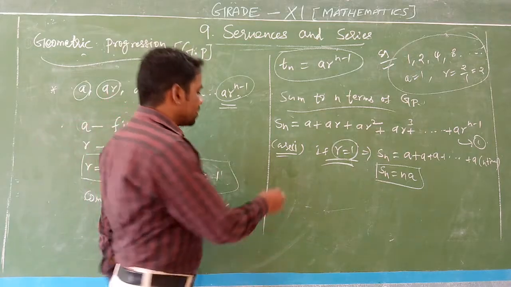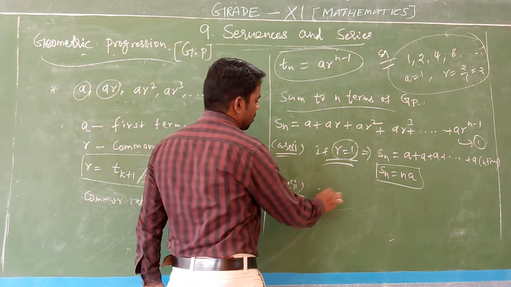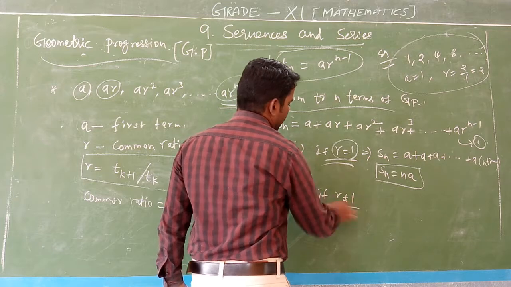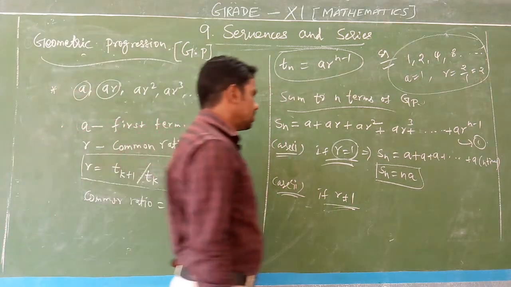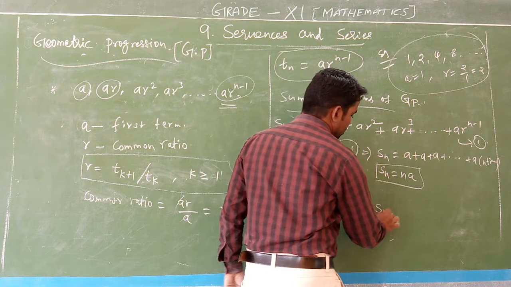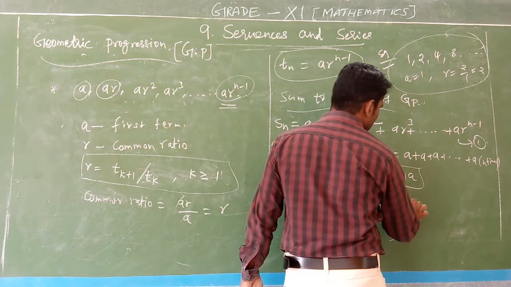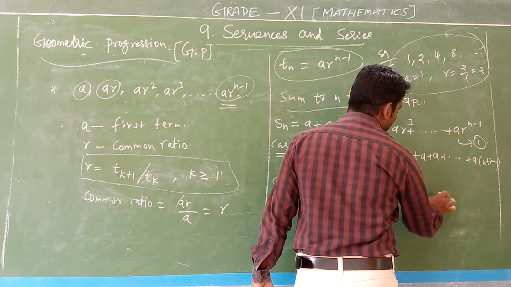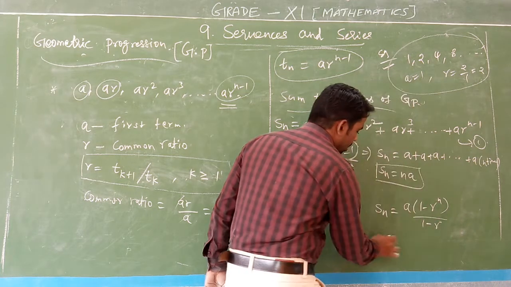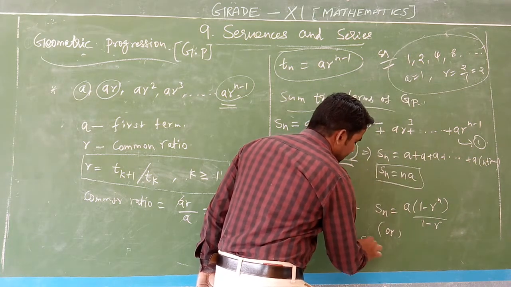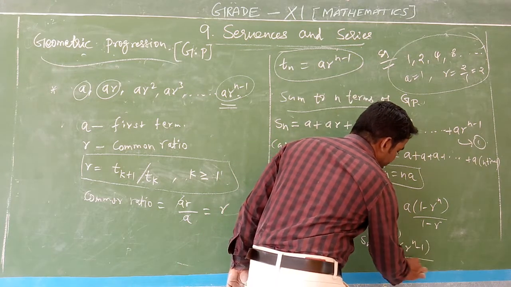And second case: if r is not equal to 1, Sn equals a of 1 minus r power n divided by 1 minus r, or Sn is equal to a of r power n minus 1 divided by r minus 1.